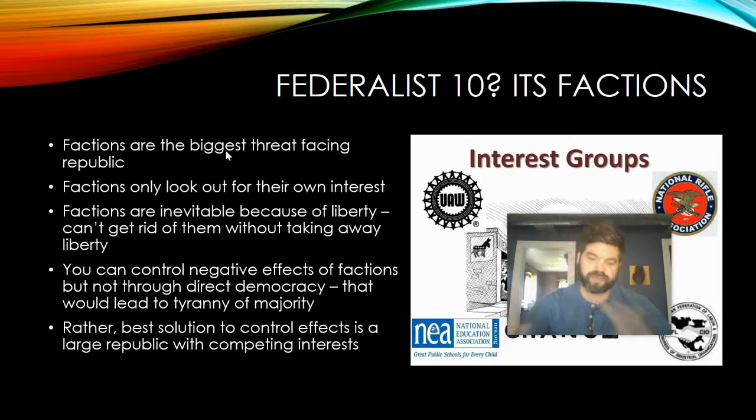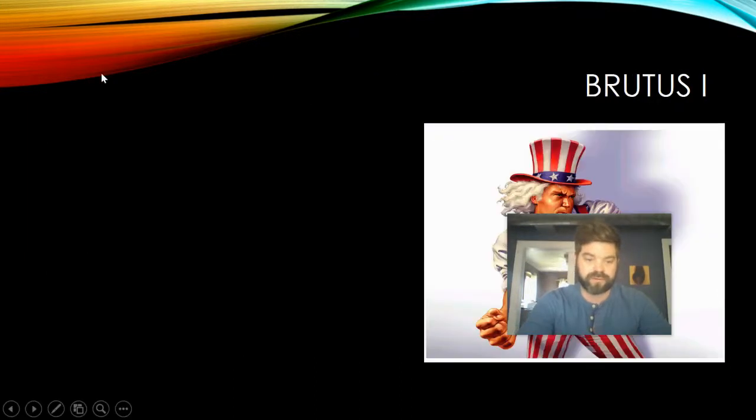That has occurred today: we have lots of different interest groups, and they all compete for influence over the government. Some are much more powerful than others because of wealth and membership numbers. In a lot of ways, what was warned in Federalist 10 has come true in our country, where interest groups compete for sway over the government.